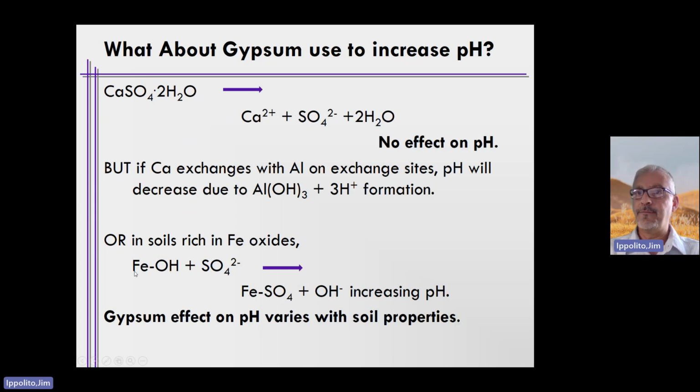And what comes off of this formation? OH, hydroxide. That actually increases the pH. So the bottom line is that gypsum effects on soil pH vary, and it's likely not a good idea to use gypsum as a liming source. Stick with the liming sources that we're going to talk about in one of the next videos.